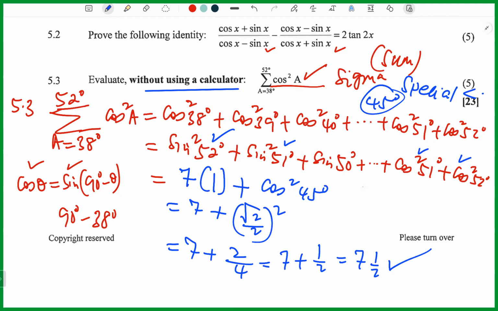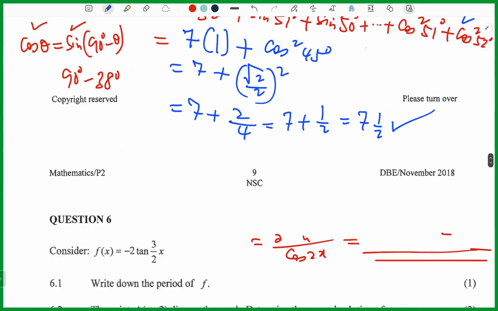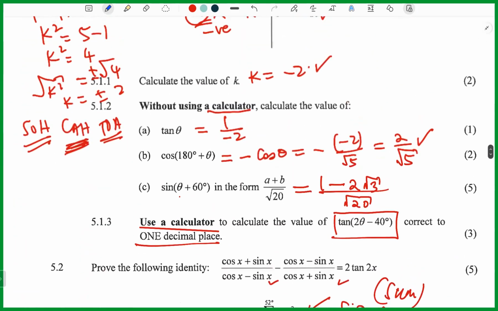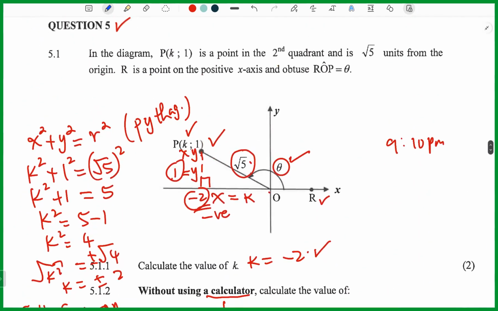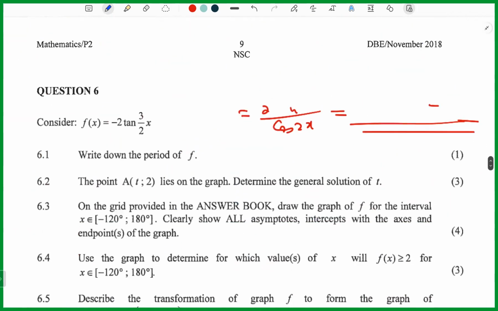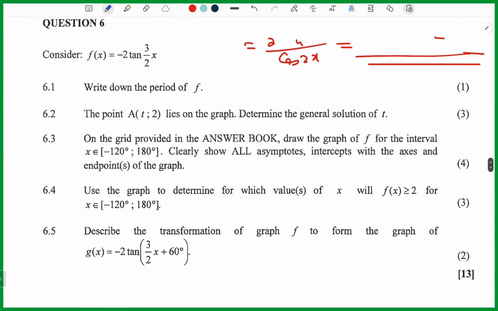Okay, I continue and do more math because we've done the whole of this full question, and then we do the next one, question 6. This one is based on geometric graphs, and we answer question 6 there.